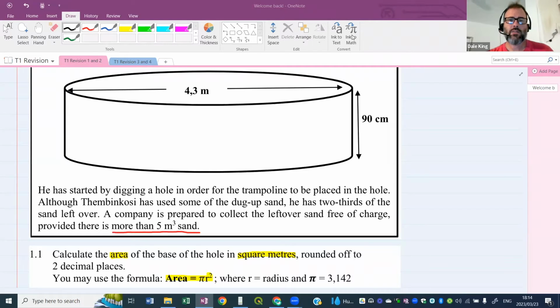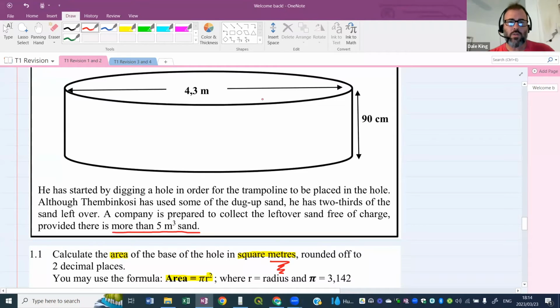All right, good job. Alzondi and Sonia say convert. Look at this 90 centimeters here on the right-hand side. Our question says they want square meters, but our dimension here is 90 centimeters, so that might need to be converted.